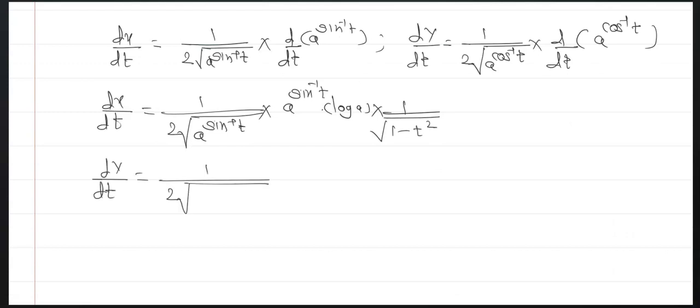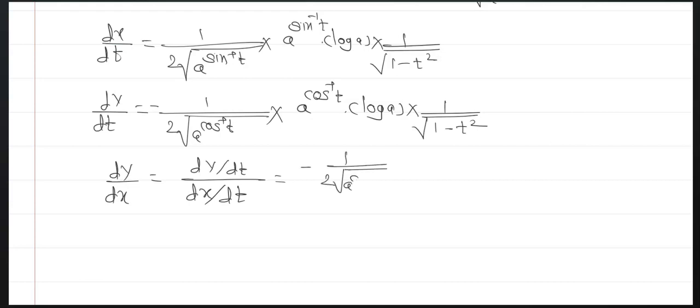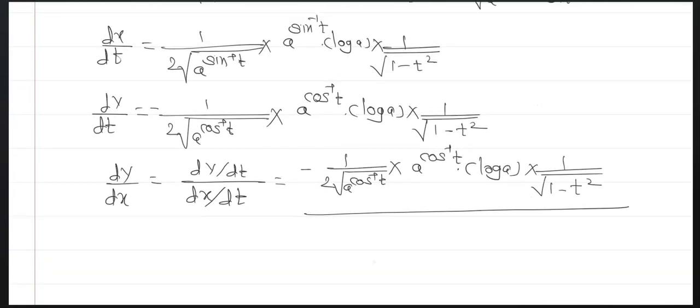Therefore, dy by dt is also similar. Therefore, dy by dx is equal to dy by dt upon dx upon dt. Substitute the values of dy by dt and dx upon dt.